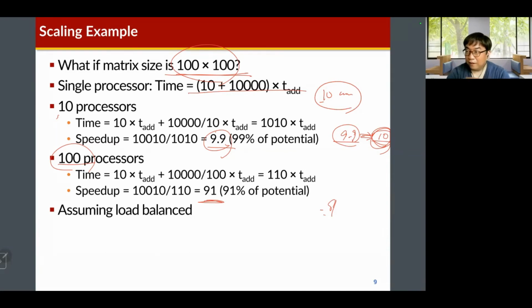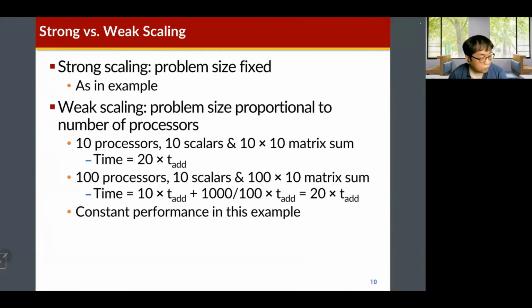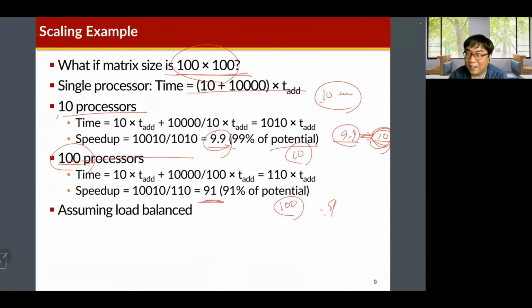Understand? So potential is 10 for the 10 processors, and 100 for the 100 processors, right? Okay, so this is the scaling problem.